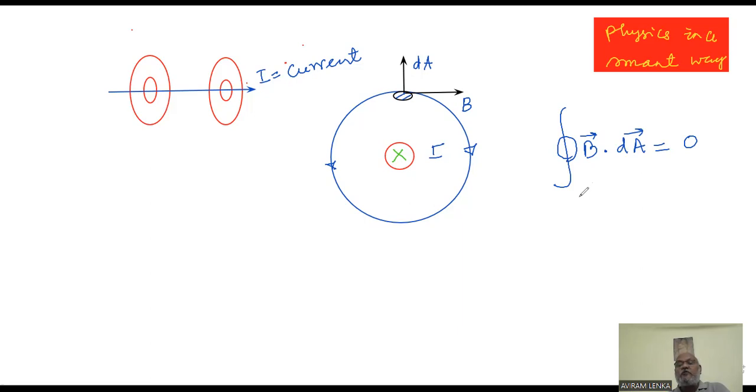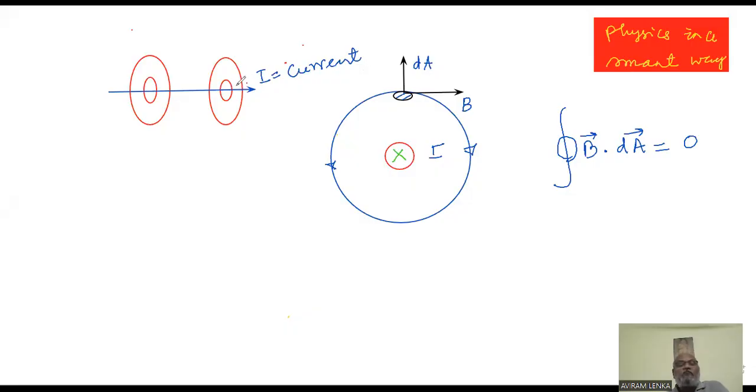So we got the equation that is the integration of B dot dA equal to 0. We have a current carrying conductor, as shown in the figure.